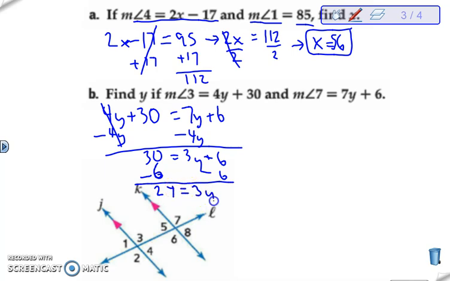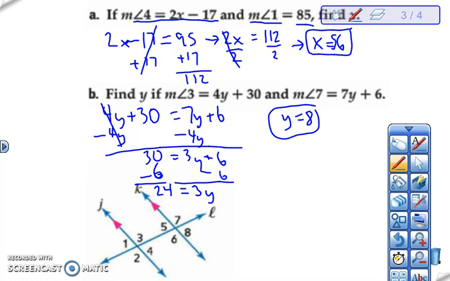So that tells us that 3y has to equal 24. Divide by 3. So that tells us that y equals 8. And again, it just said to find y, so we are done.